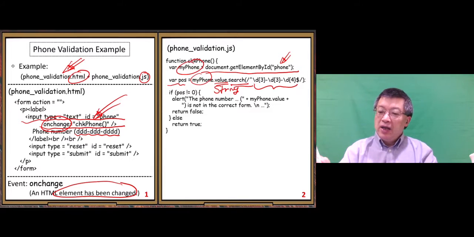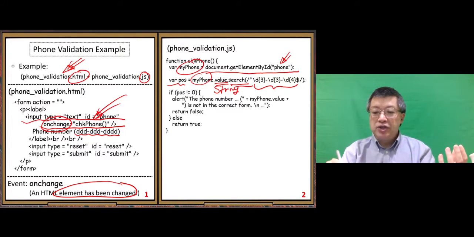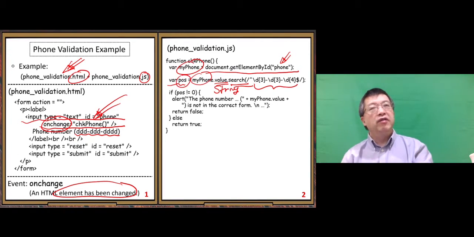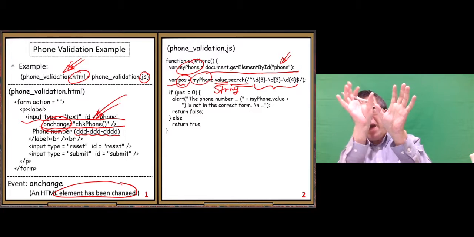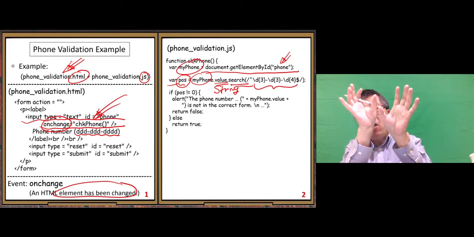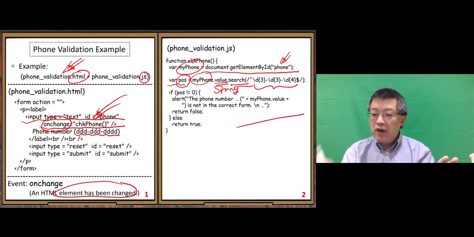All right. Matches or not, it returns the position. Here, the variable POS holds the position of the matching starting point. Because when you match, you have a string. Where do you match it?